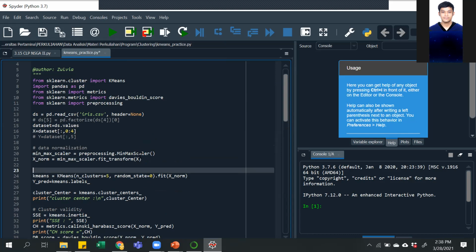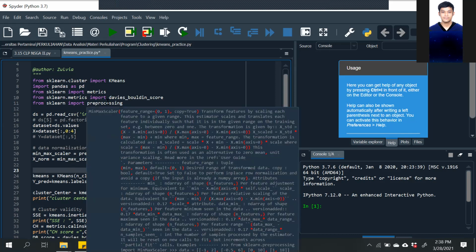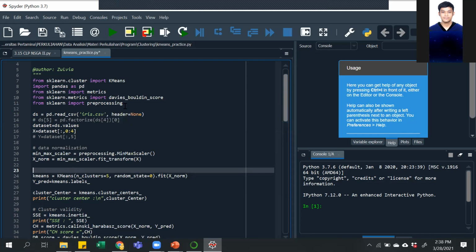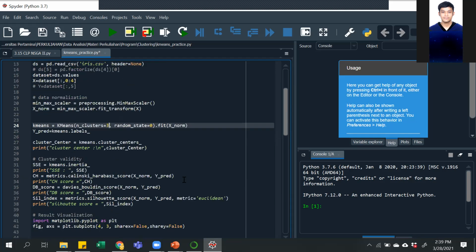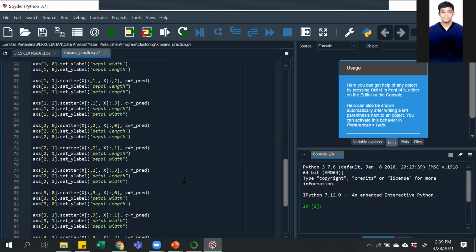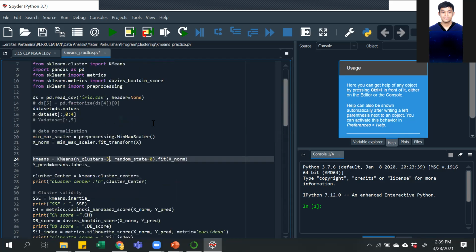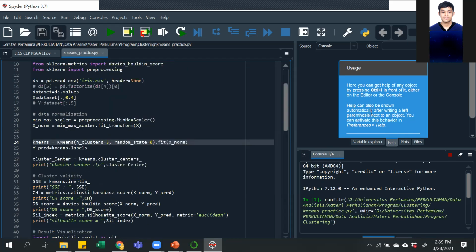For this data, I use MinMaxScaler from the sklearn preprocessing package. And then k-means. Iris has 3 clusters, so okay, let's just run it.